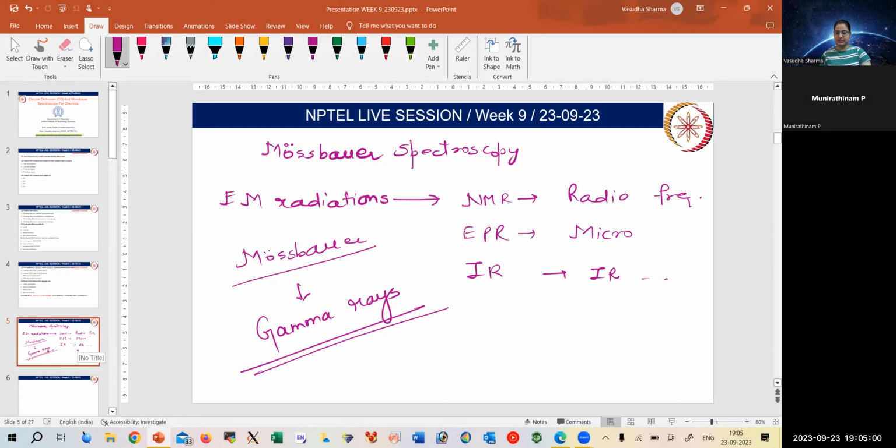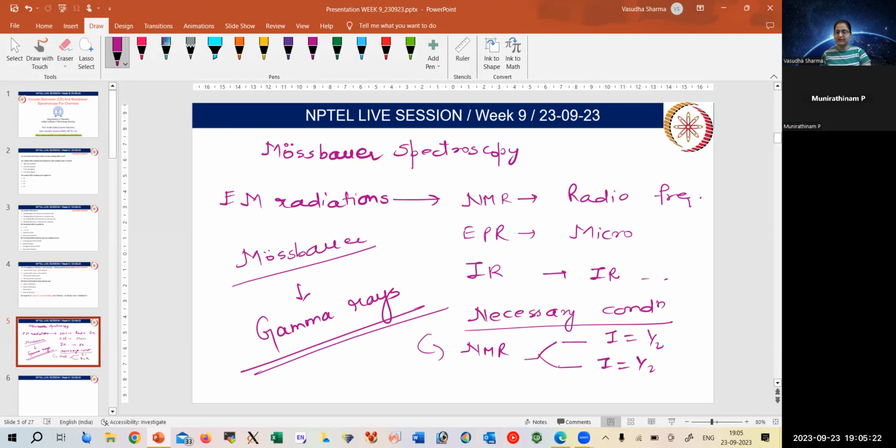So in Mossbauer, we saw the prerequisite. In NMR, we see the transition from one energy state to another between the same I values.